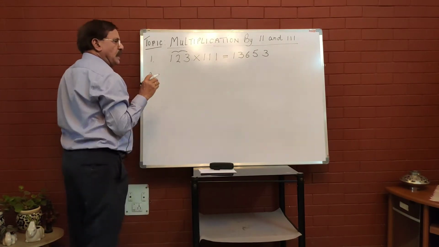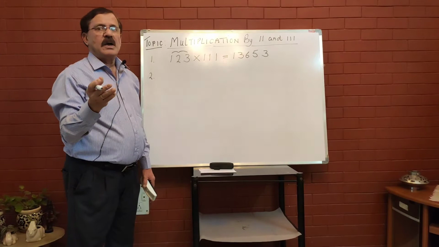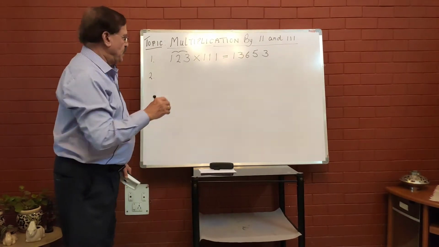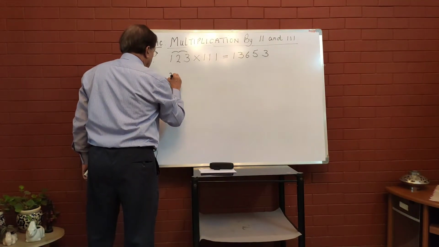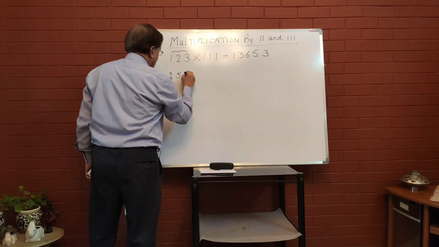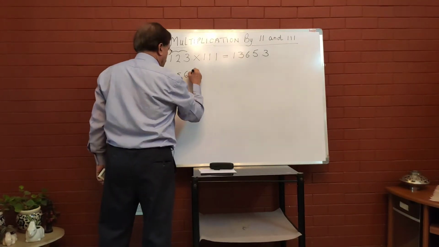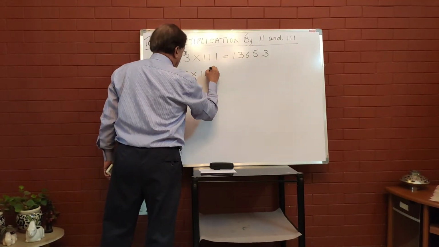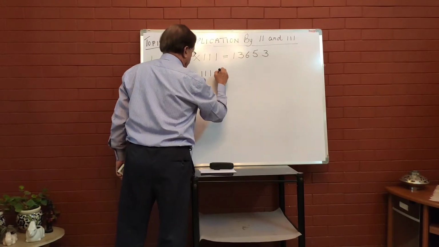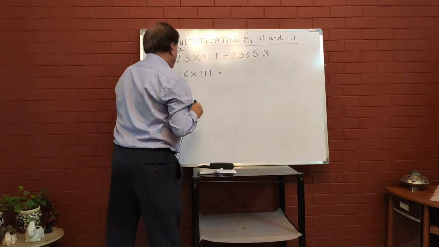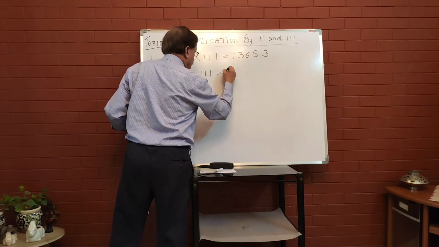Now I am going to take random numbers, that is carryover and non-carry numbers. 256 multiplied by 111 is equal to, first number as it is, 2.